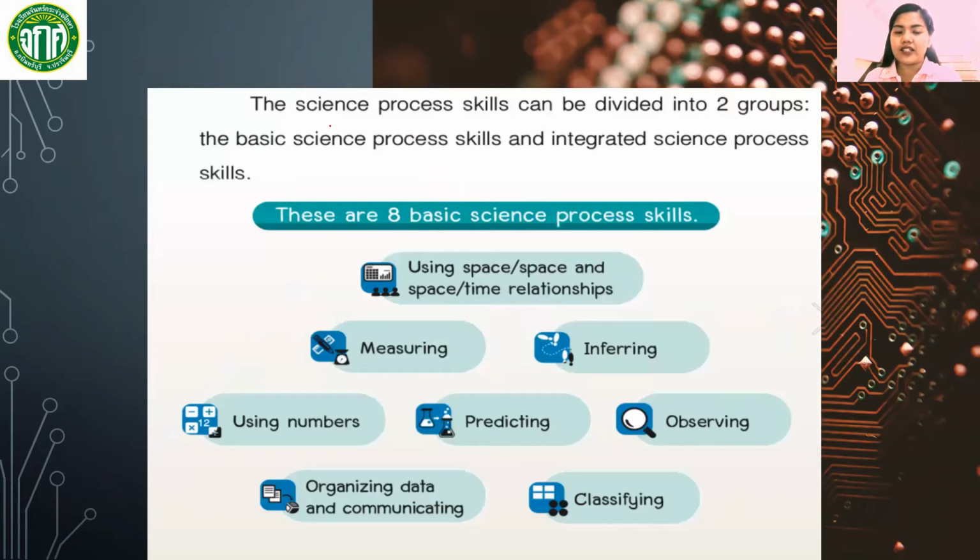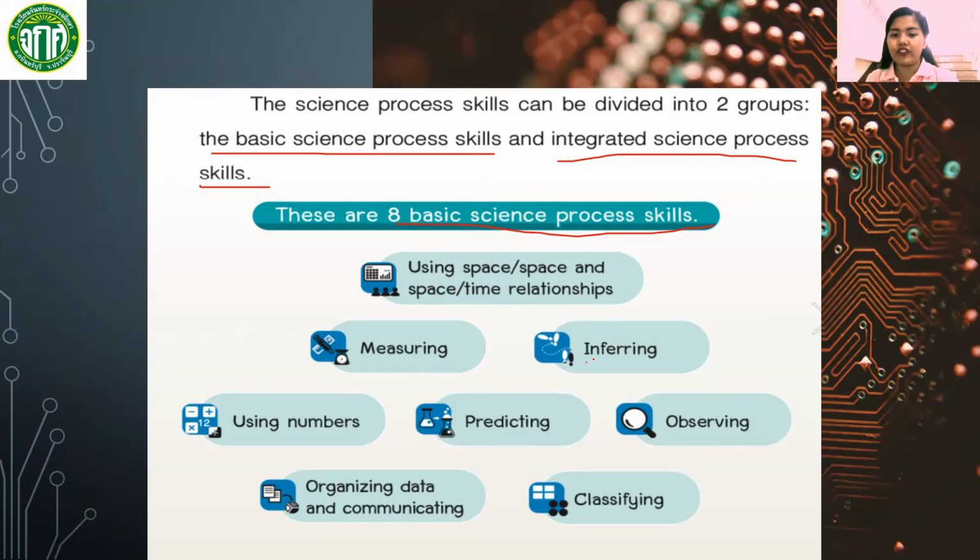Now the science process skills can be divided into 2 groups. It was sorted into 2 groups: the first one is the basic science process skills and the second is the integrated science process skills. In the first group we have 8 basic science process skills. First is using space and space-time relationship.